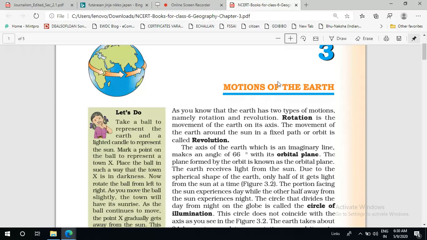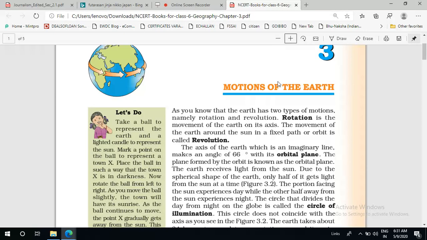I have underlined this in the previous chapter, so you must remember what orbit is. The fixed path on which the earth moves around the sun is called orbit, and the plane which is formed by this orbit is known as the orbital plane.